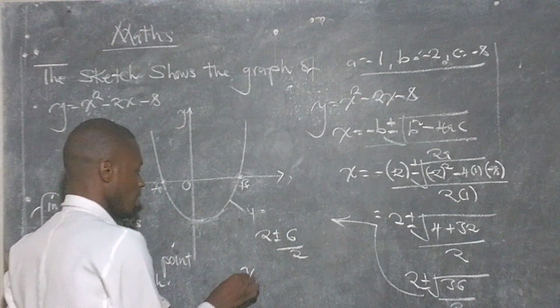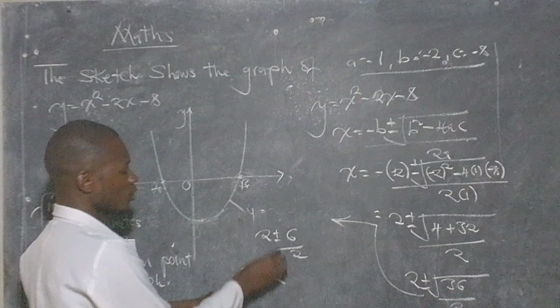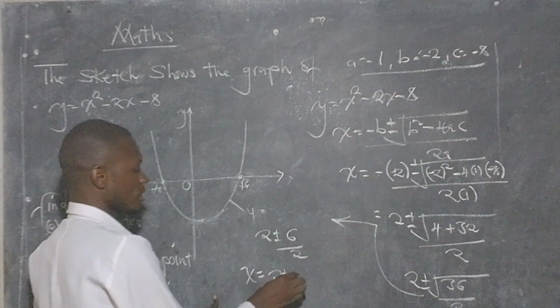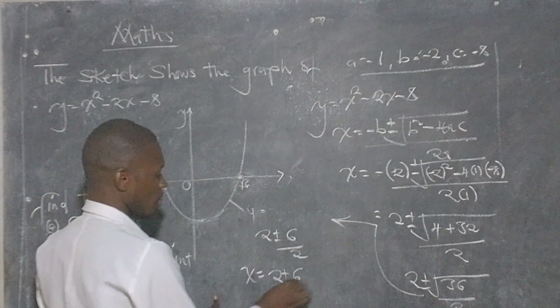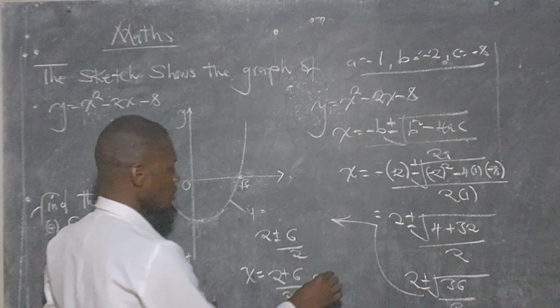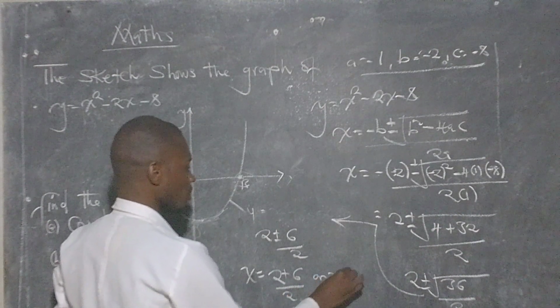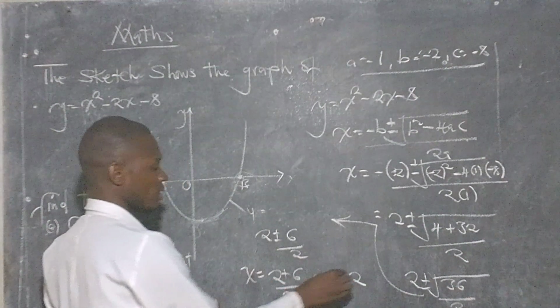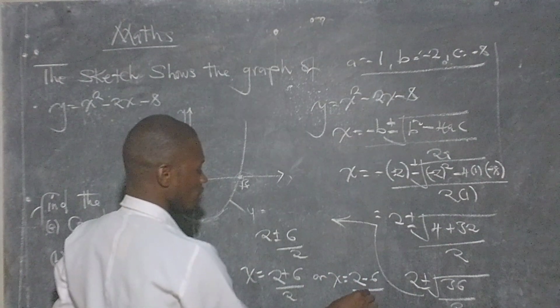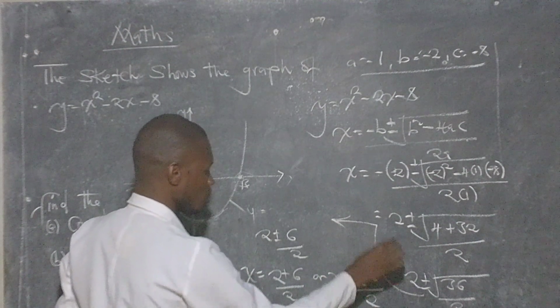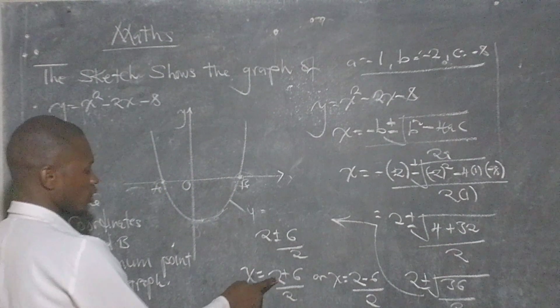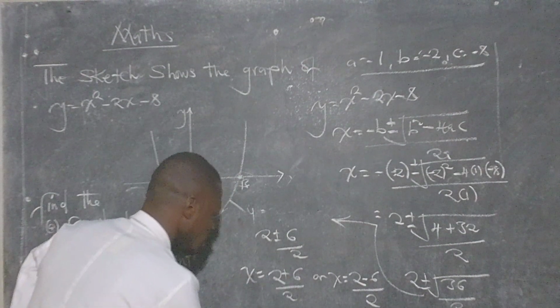So we'll say x is equal to 2 plus 6 over 2, or x is equal to 2 minus 6 over 2. So 2 plus 6, we are getting 8 over 2.